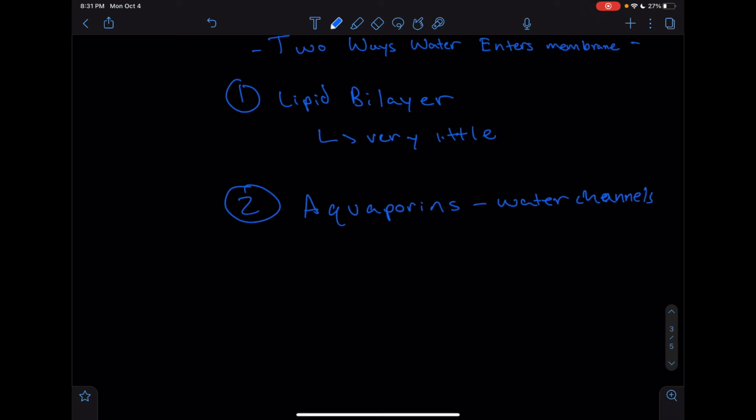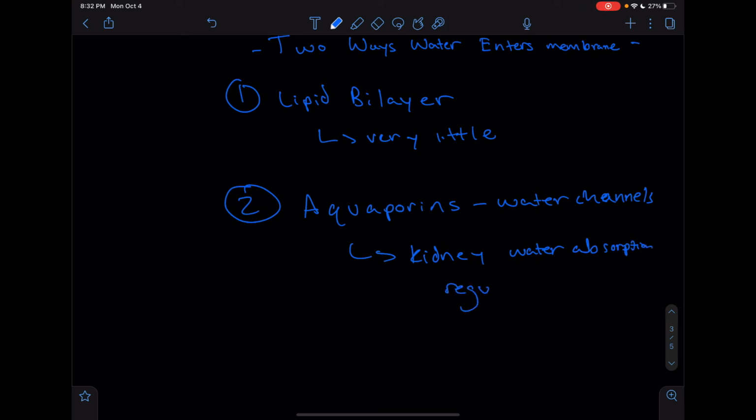You'll see that removing or increasing the amount of water channels, or aquaporins, is an effective way of regulating water absorption in things like the kidney. So kidney water regulation, or water absorption regulation.